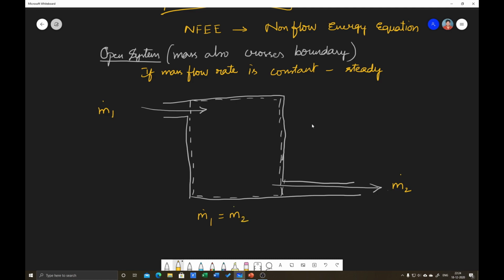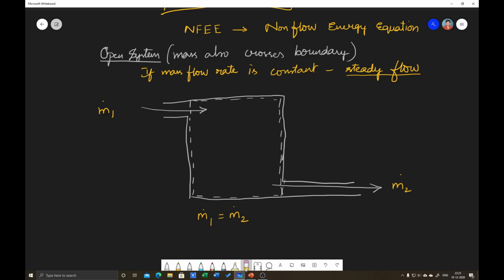That is, here m1 dot. Mass is denoted with m and mass flow rate is denoted with m dot. M dot 1 is equal to m dot 2. Input is equal to output. Then it is called steady flow. There is no change in mass flow rate. If it is not constant, then it is called unsteady flow. That we are not discussing here. We are only discussing the case when the mass flow rate is constant, that is steady flow.